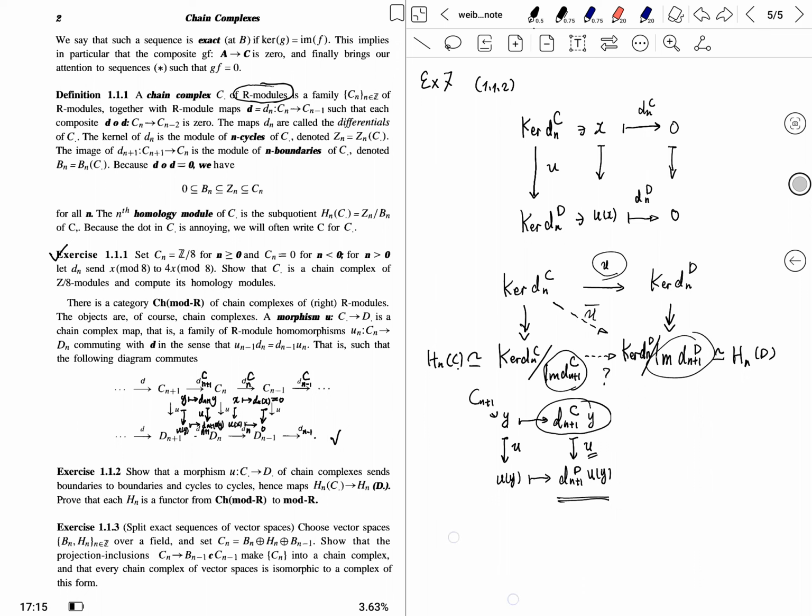And so we construct a map from Hn of C to Hn of D. We constructed this map, and we have to check this is a functor. It's just routine to check this is a functor.